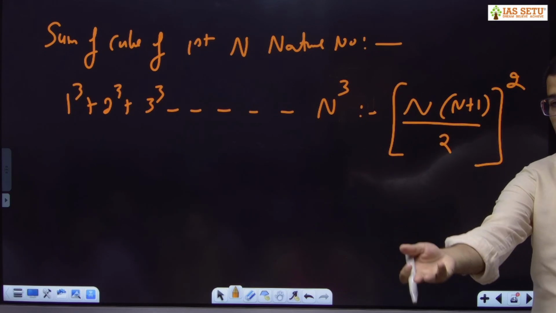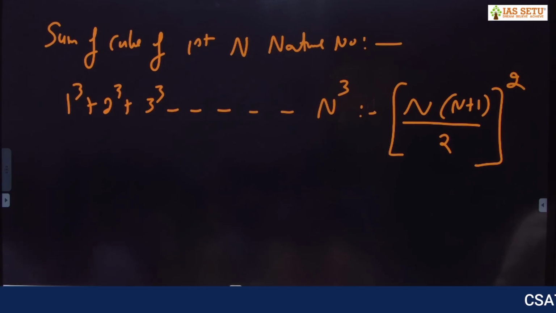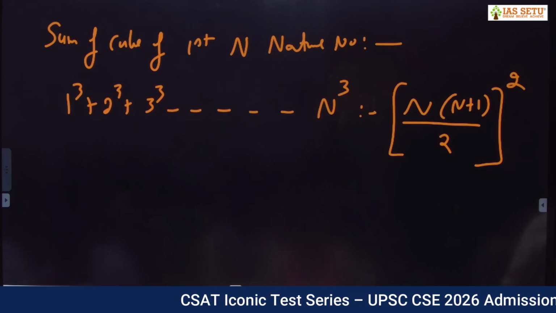But if you open this bracket you get exactly the same thing. You write, पहला रूल जो सीखा था, sum of first n natural numbers, but उसका square, n into n plus 1 divided by 2 whole square. What is sum of cube of first n natural numbers is n into n plus 1 divided by 2 whole square.